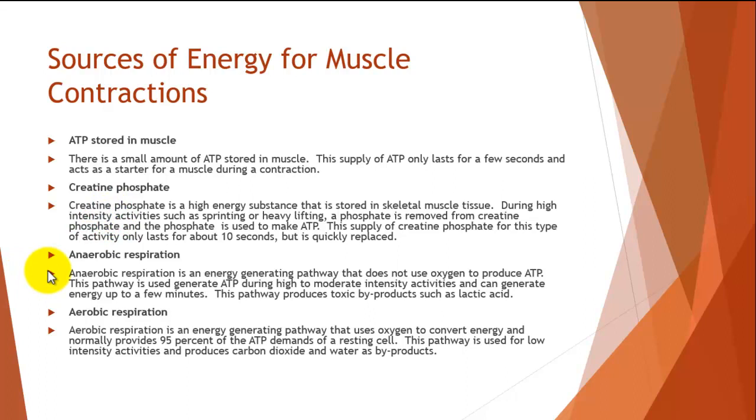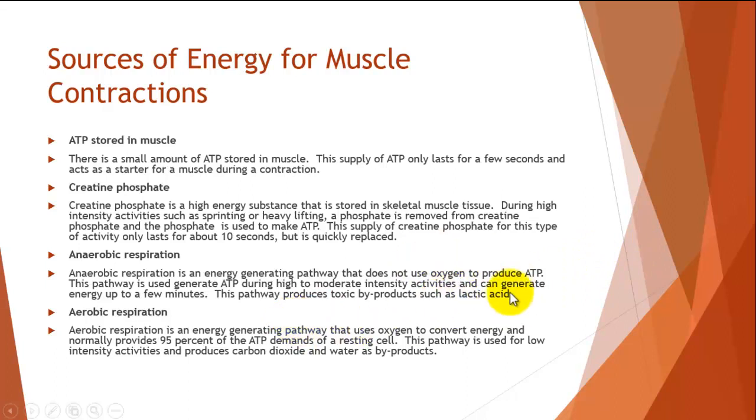The last two you've probably heard of. Anaerobic respiration is a pathway. That's what you call those in biochemistry. It is also for moderate to high intensity exercise. It's basically where the body is using a different energy source without oxygen as part of the process. It doesn't mean you're not breathing, but it does not use oxygen to produce ATP. And once again, it has toxic byproducts, such as lactic acid. It says that there.